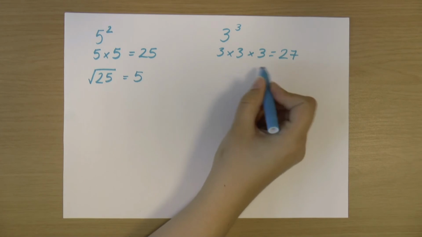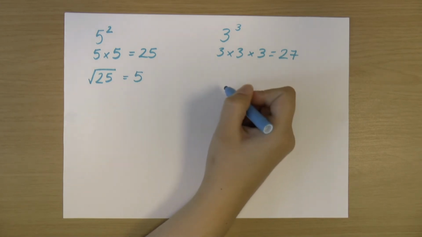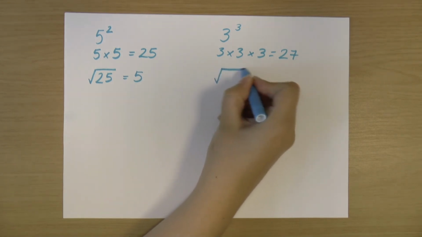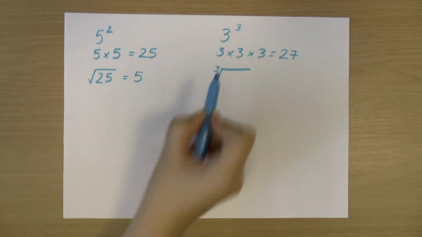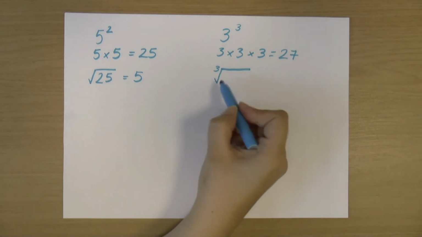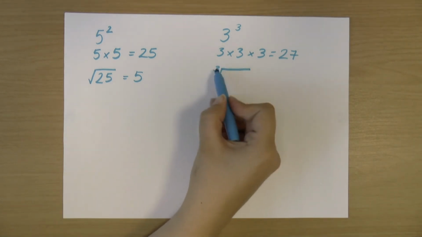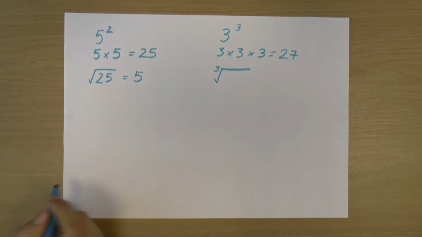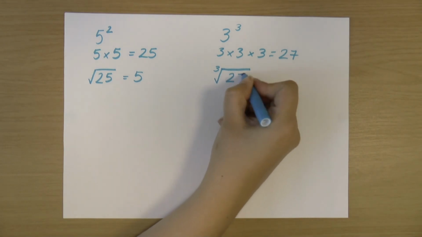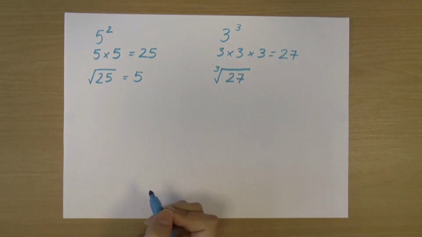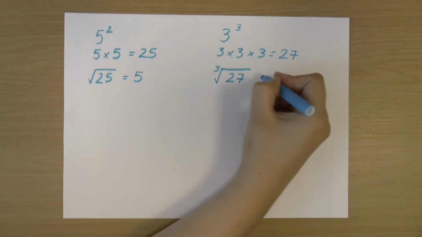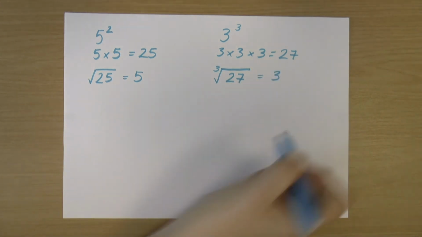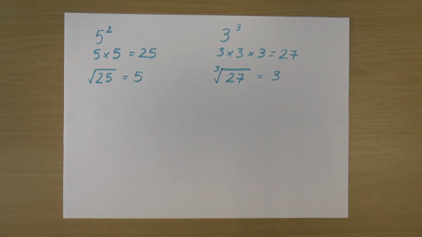So our symbol for cube rooting looks very similar to our square root, but it's got a little 3 there instead. So we've got our tick bus stop with a little 3, and that means cube root. So if I was to do the cube root of 27, that's asking me what do I cube to get 27? And again, we've just done it, so we know that the answer is 3.